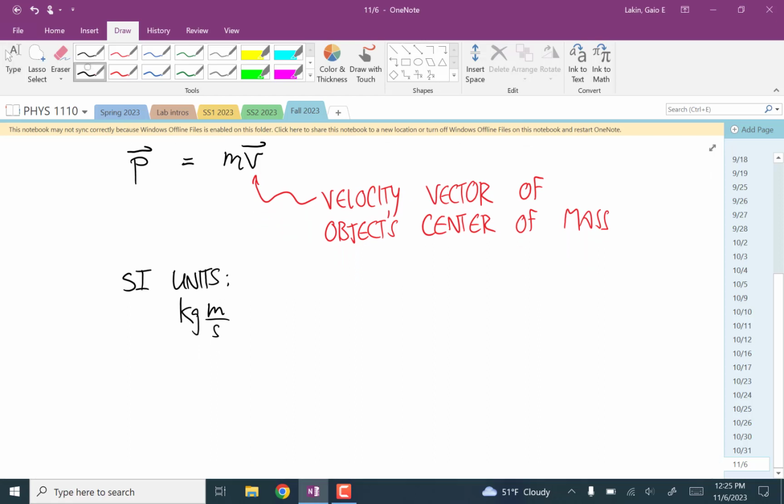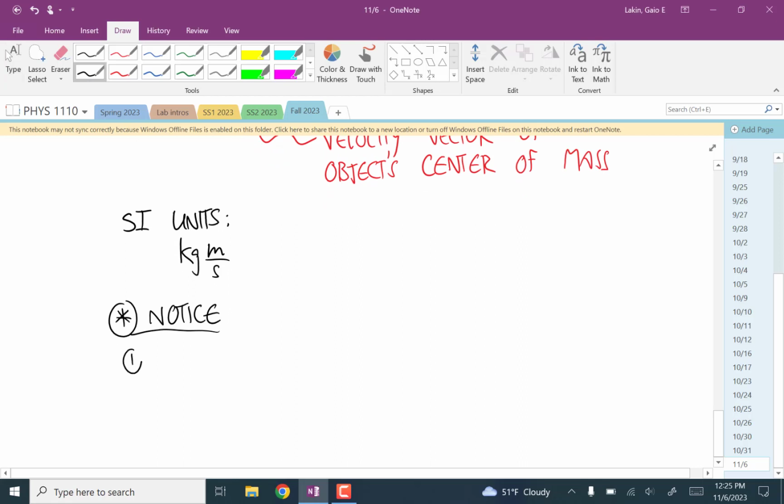And there are a couple of things I want you to notice. The first one is that linear momentum is a vector. So it not only has a magnitude, it has a direction.